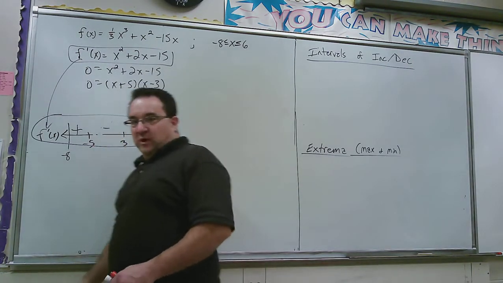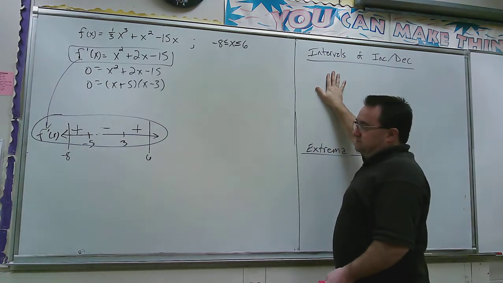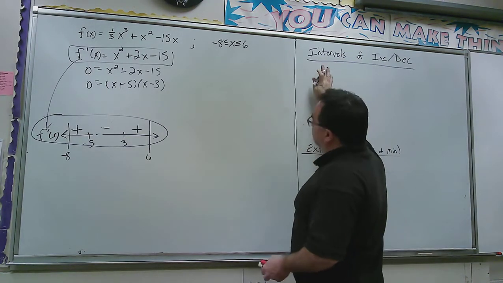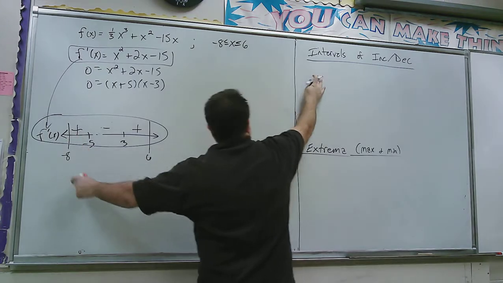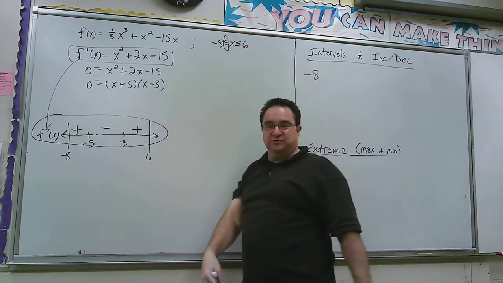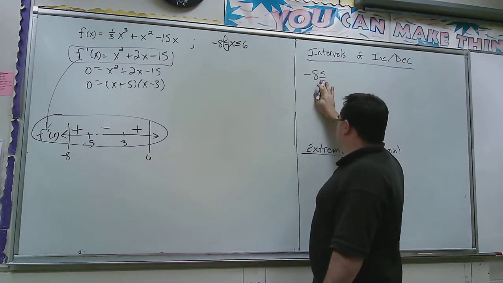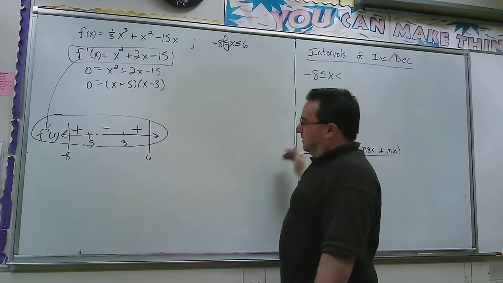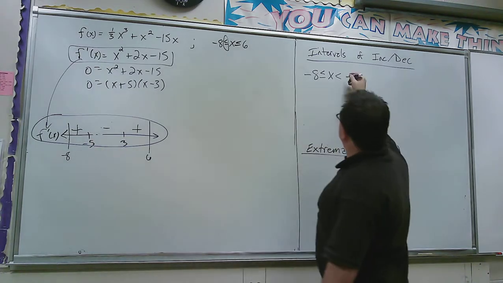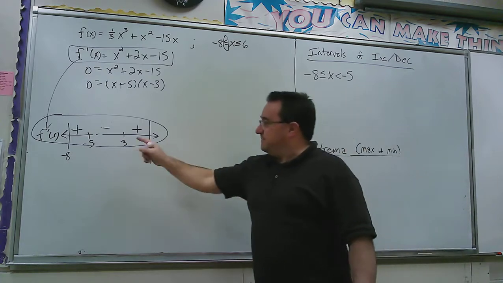Okay, now what? Well, if I want, I could definitely list my intervals of increase. Now in this case, it starts at -8. And when I check my domain restriction, see how it can actually equal -8? So that's or equals. Up to, but not including -5, because the first derivative is 0 at that -5.